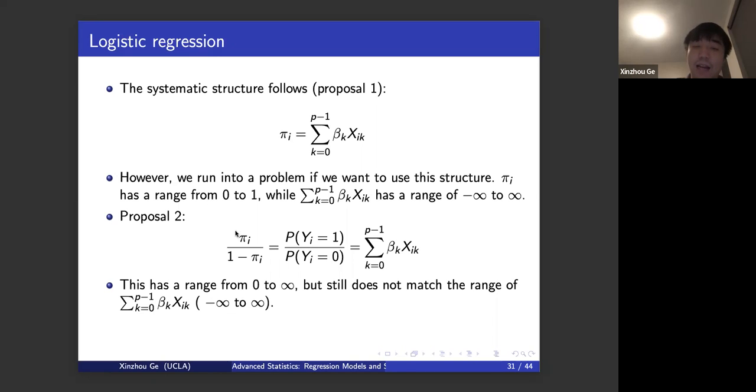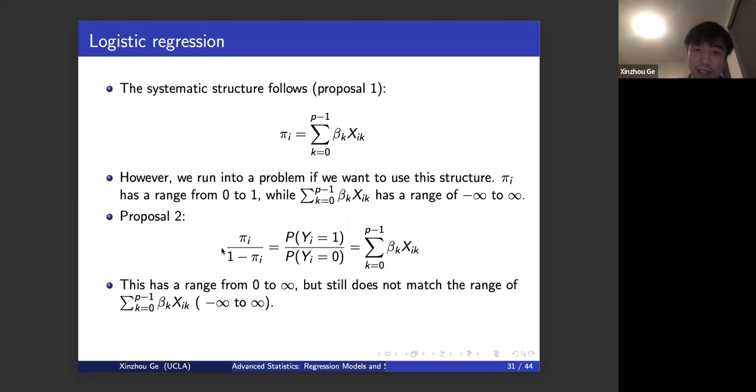So as pi i can be from 0 to 1, if pi i equals 0, this left part will be 0. And if pi i equals 1, then this part will be infinity. And this will be a monotone function of pi i.